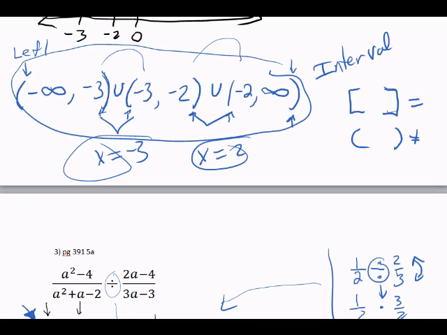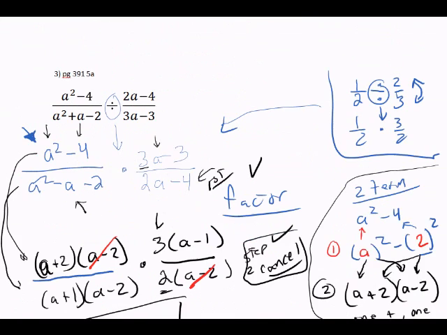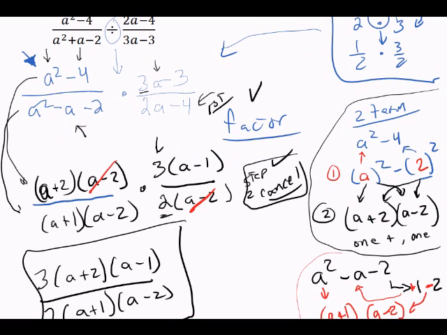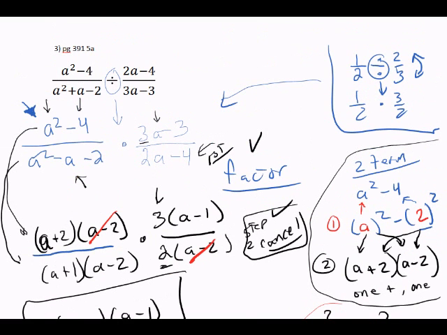Was this in the book or did I just make this up? Page 391, 5A. Did I write it down wrong? How come everything didn't cancel then?